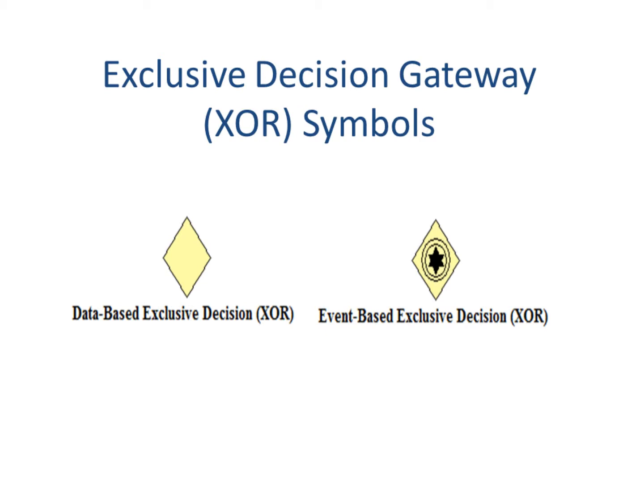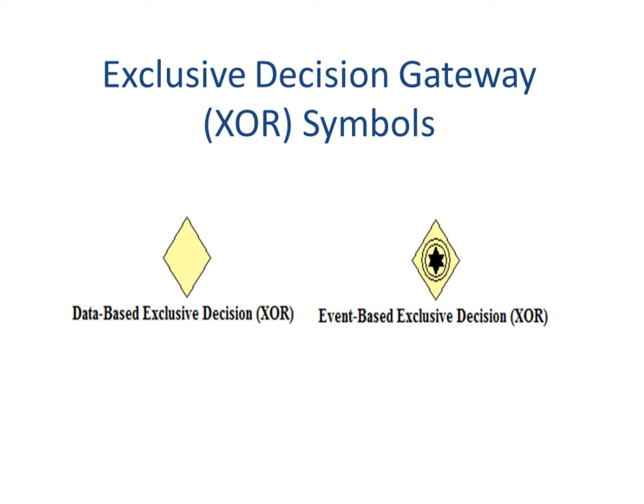An exclusive decision gateway, XOR, has 2 or more outgoing sequences, but only one of them may be taken. The conditions exiting the gateway are evaluated in a specific order, and the first condition that evaluates to true determines the sequence flow that will be taken. One of the gates may be marked as default and is the last gate considered.